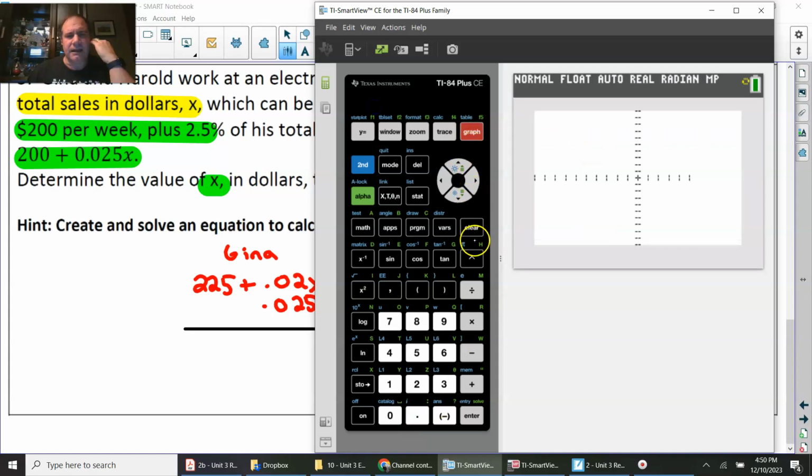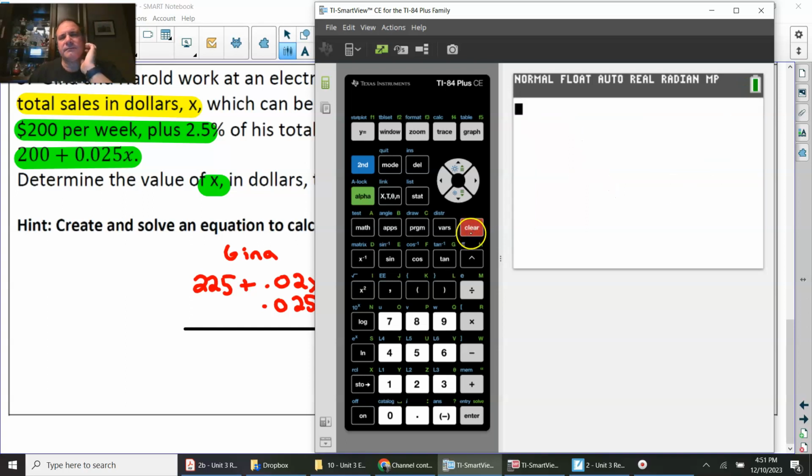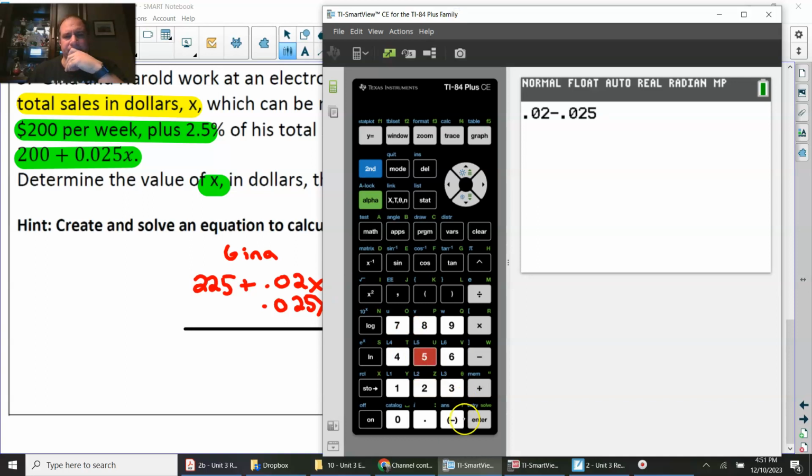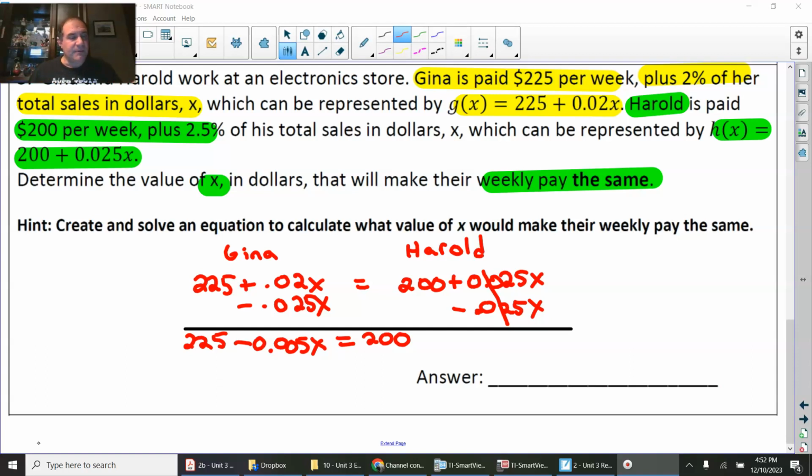I'm just going to get out of this. Clear it. And that's the graph from before. Nice big parabola. So it's 0.02 minus 0.025. I'm going to enter it, and you notice that I brought over the actual larger to the smaller, and it's okay.